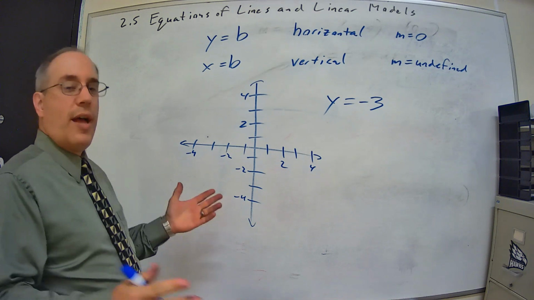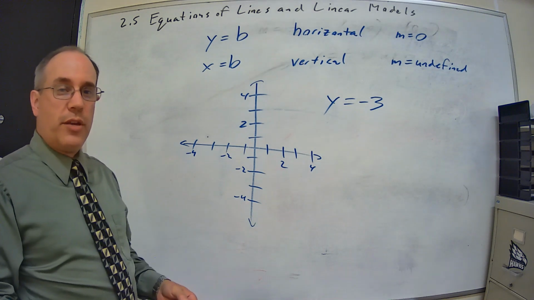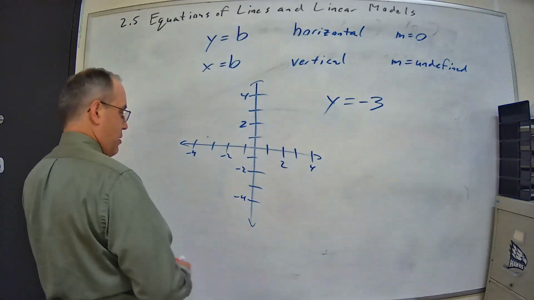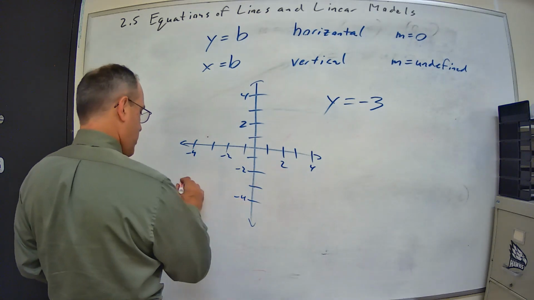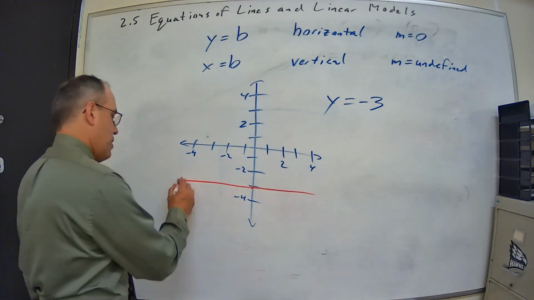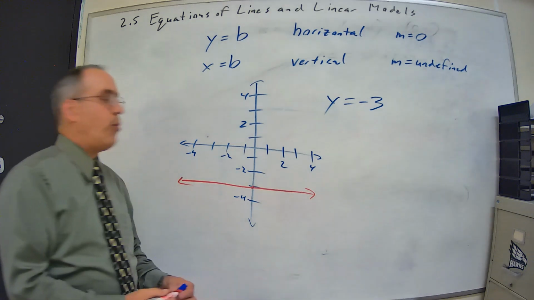Then no matter what x is, y is going to be equal to -3. So it's going to be a horizontal line that passes through -3. So there we go. And that is the line y equal to -3.